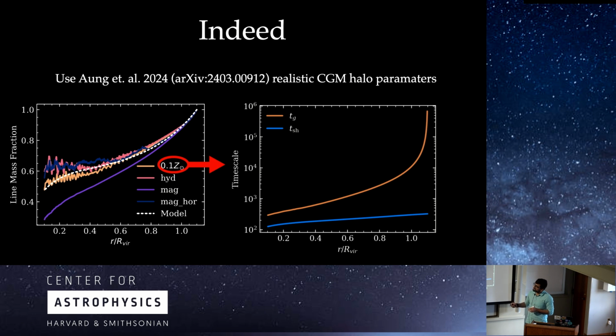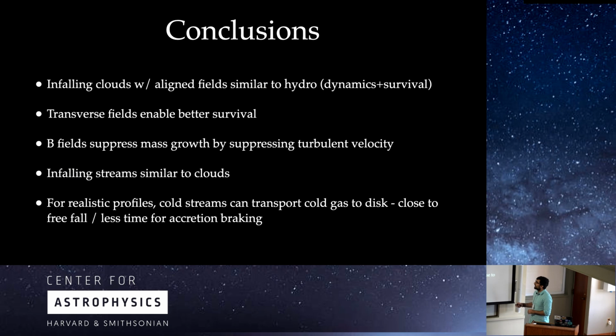The gas mass gets to about half by the time it reaches 0.1 virial radii, but it still survives. Well, the criteria does tell you that it's probably going to die, but it survives up to this point because it's fast enough to reach there, so it does survive by then. And I'll leave the conclusions up.